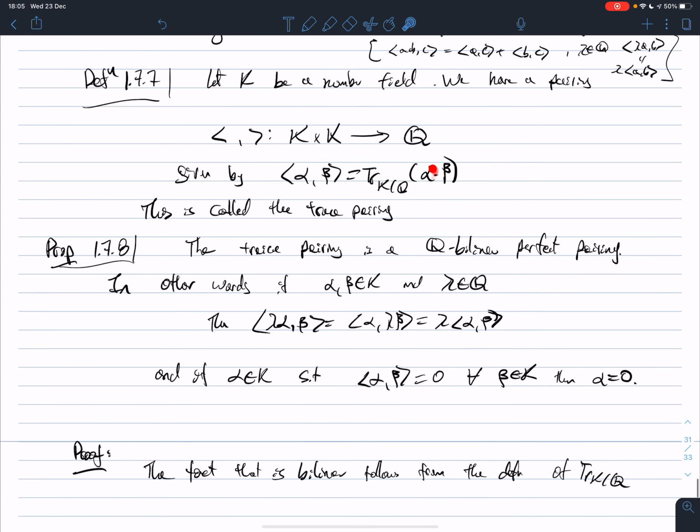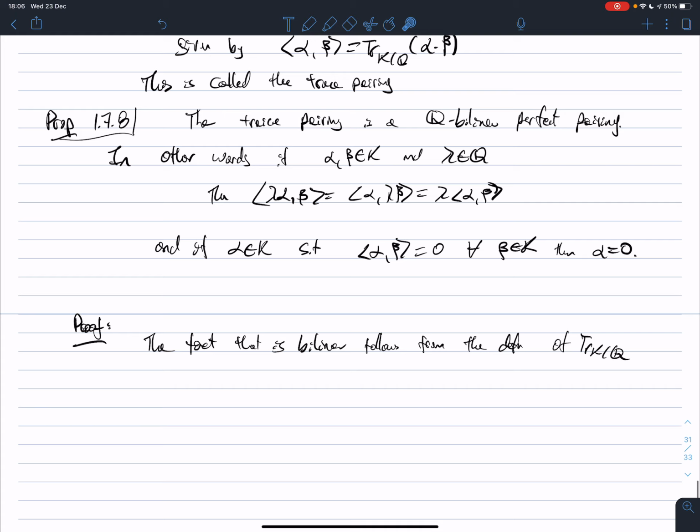Imagine if I replaced alpha with something like gamma plus delta. Then expand it all out and figure out what the trace is. You'll see that this just follows immediately from the definitions. The hard bit, or the thing to think about a little bit, is to check that it's perfect.